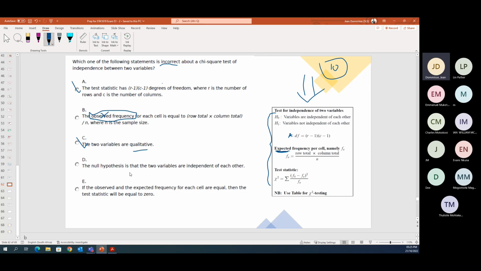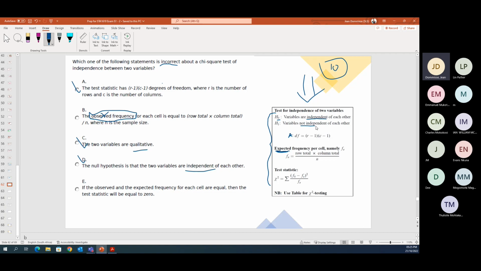The null hypothesis is that the two variables are independent. And this is always like that. So the null hypothesis always looks at independence. The alternative hypothesis, or hypothesis one, always looks at non-independence. So they might use words like not independent. Another word is dependent.